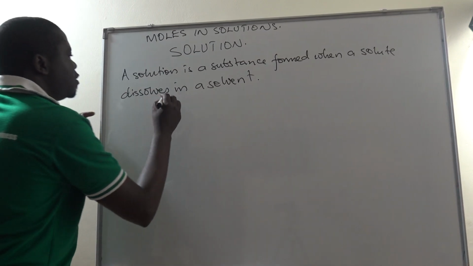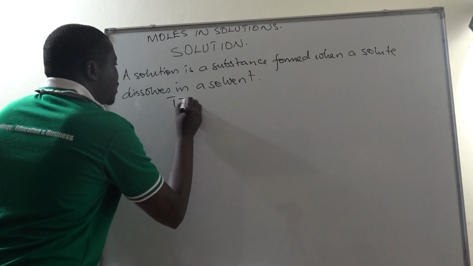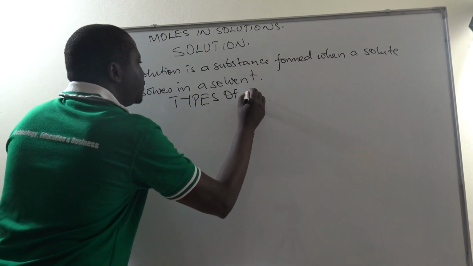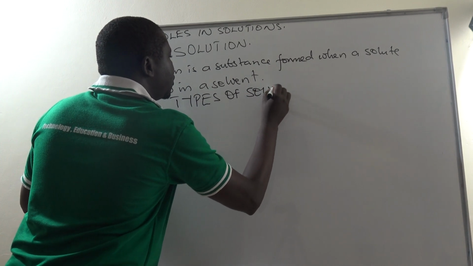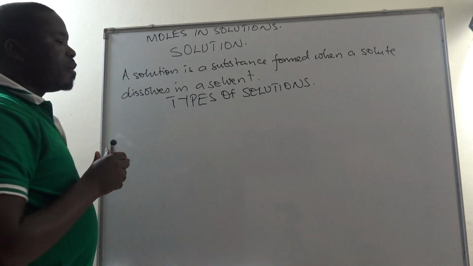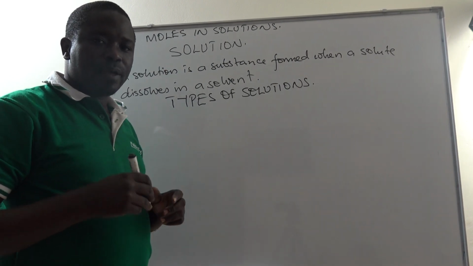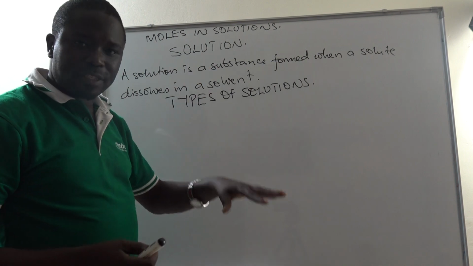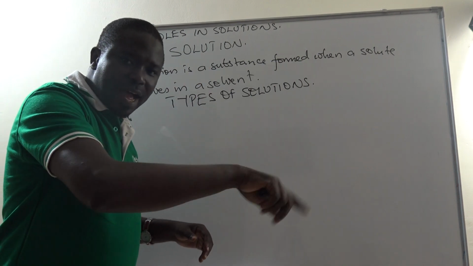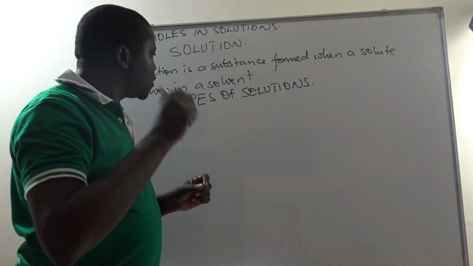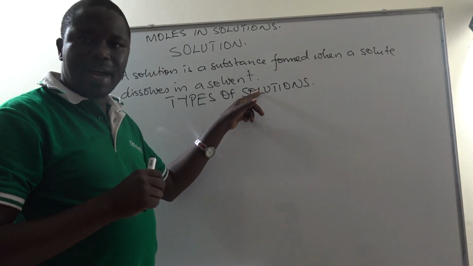Now, let us look at the types of solutions. When we are making a solution, sometimes we just pick a solute and add it into a solvent, possibly stir, and we get a solution without knowing the amount of the solute which we have added.